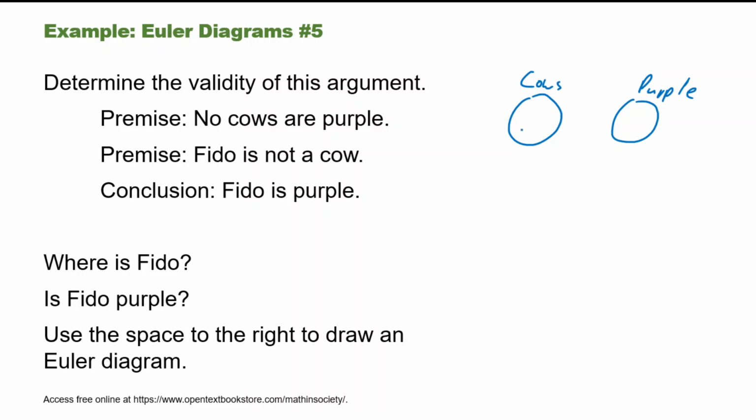Well, if Fido is not a cow, not in that one circle, does Fido have to be in the circle labeled purple? No, Fido could be outside of both of those circles. So where is Fido? Outside both circles, outside both sets. Is Fido purple? No.